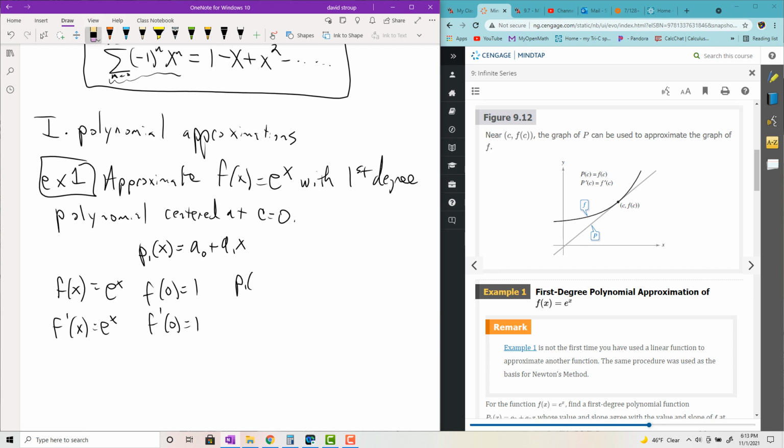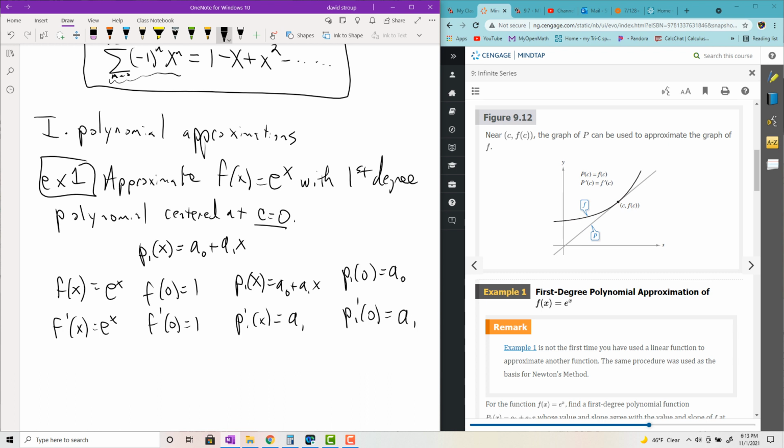The polynomial p1 of x is a sub 0 plus a sub 1 x. Its derivative, p sub 1 prime of x, would just be a sub 1. Evaluating them at c equals 0, the center, p1 of 0 is going to be a sub 0, and p1 prime of 0 is going to be a sub 1.